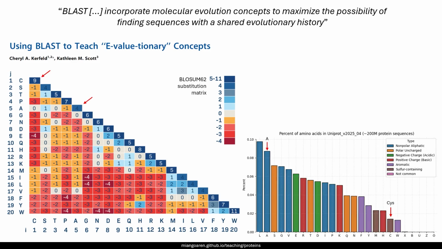So for example, what you can see is that here is a score that was given by reviewing millions of sequences, which is when mutating one cysteine residue against another cysteine residue.